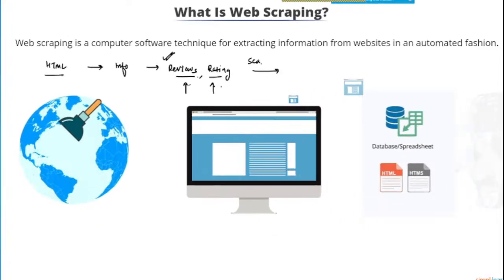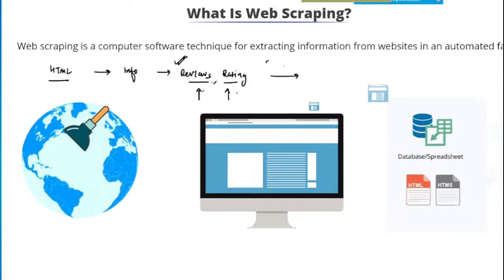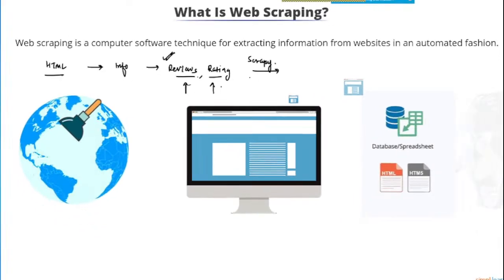There are two packages which are important here: Scrapy or you can also use Beautiful Soup. Any one of these could be used to particularly scrape or extract the information from the websites.